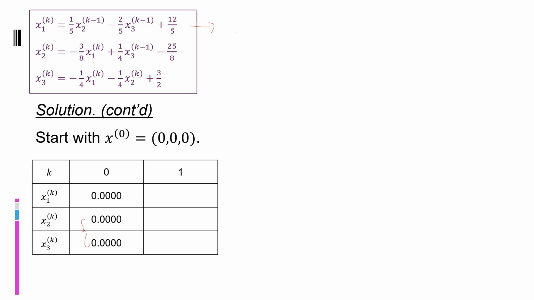So we have x sub 1 equals 1/5. What is our x sub 2 of k minus 1? Diba 0? So we have 0 minus 2 over 5. Our x sub 3 of k minus 1 is also 0 plus 12 over 5. Or that is equal to 2.400.